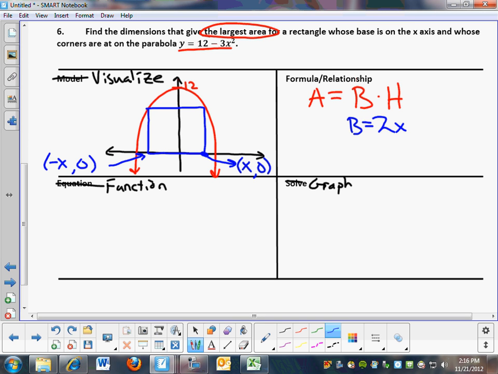Okay, now the height, that's a totally different story. Would you guys agree that the height would be represented by this y-coordinate? I have an x-coordinate and a y-coordinate. If I have an x-coordinate, how do I determine what the y-coordinate is?